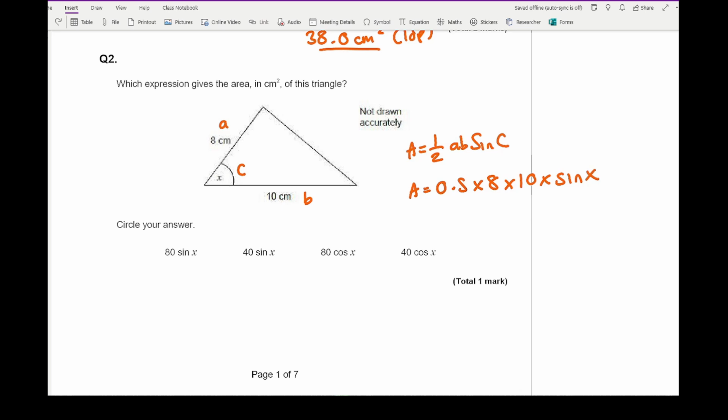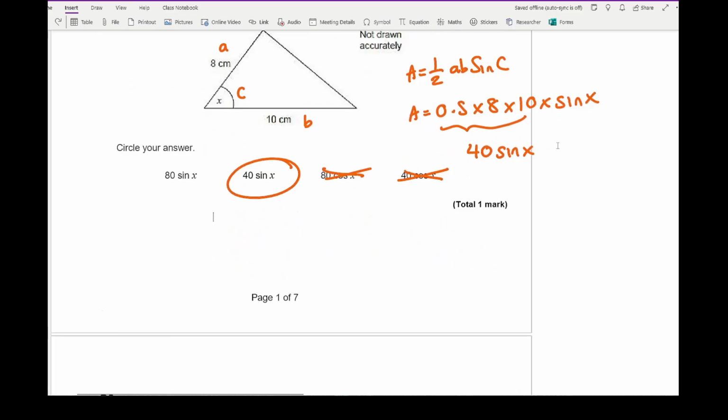Now looking at this, it can't be these two because that involves cos. And working out the number part, I've got 0.5 times 8, which is 4, times 10, which gives me 40. So it's going to be 40 sine x, which is my second option.